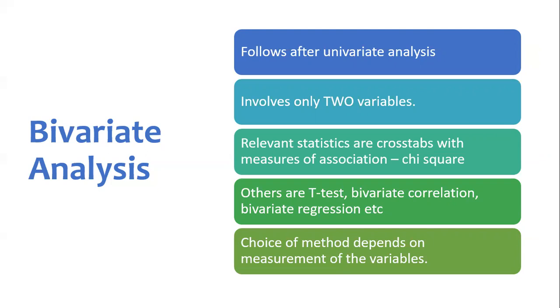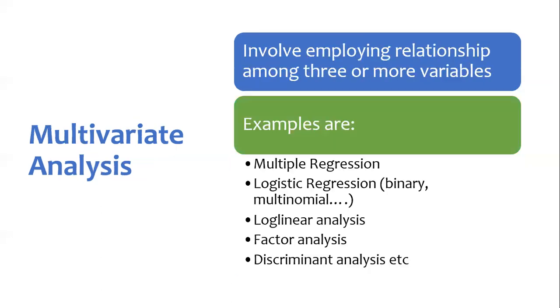You can do a bivariate correlation also, to see the strength of association between maybe age and height. Also, you can do a t-test between a before and after. Your choice of method depends on the measurement of your variables. We'll be touching on some of the things you need to look at to decide the kind of analysis that you will do.